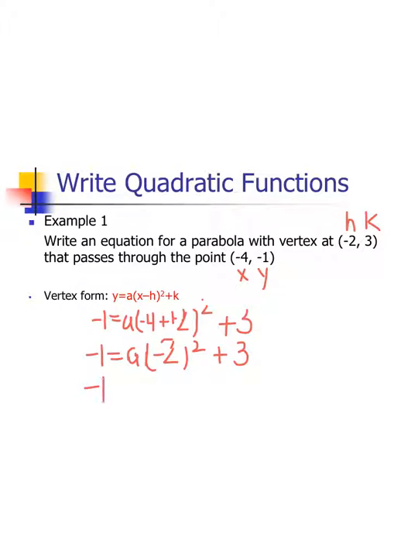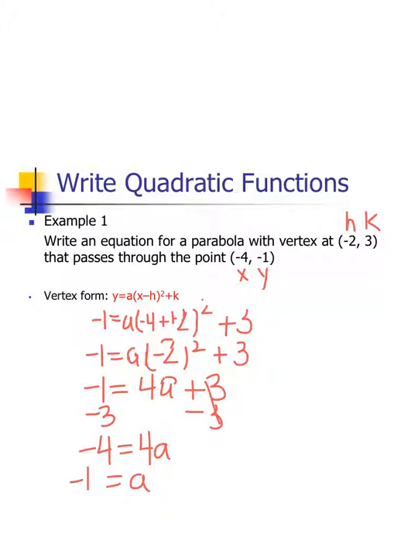So -1 equals, -2 squared gives you 4, so we've got 4a plus 3, and we're going to subtract 3 from both sides. That gives you -4 equals 4a, and divide by 4, so a is going to be equal to -1.